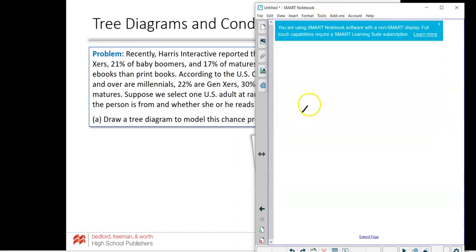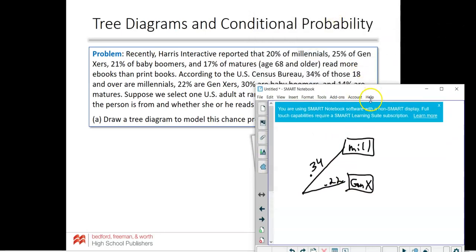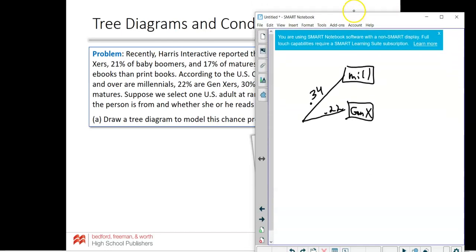So 0.34 is how we write that. 22% are Gen Xers, so Gen X are 0.22. 30% are baby boomers, so 0.3.